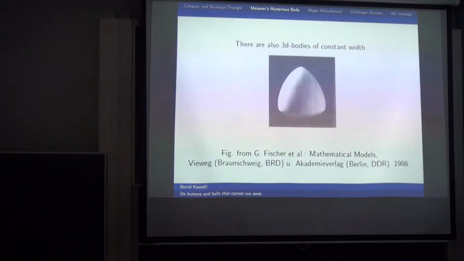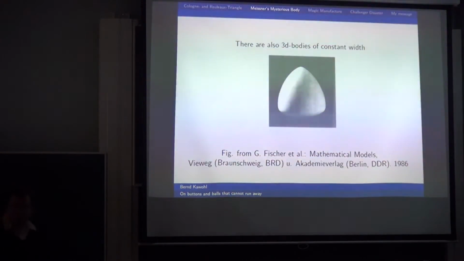Now there are also three-dimensional bodies of constant width, and this is one of them, a rotated, rounded Reuleaux triangle. This picture is somewhat unusual because it is taken from a book that appeared simultaneously in East and West Germany, in the German Democratic Republic and in the Federal Republic of Germany in 1986.